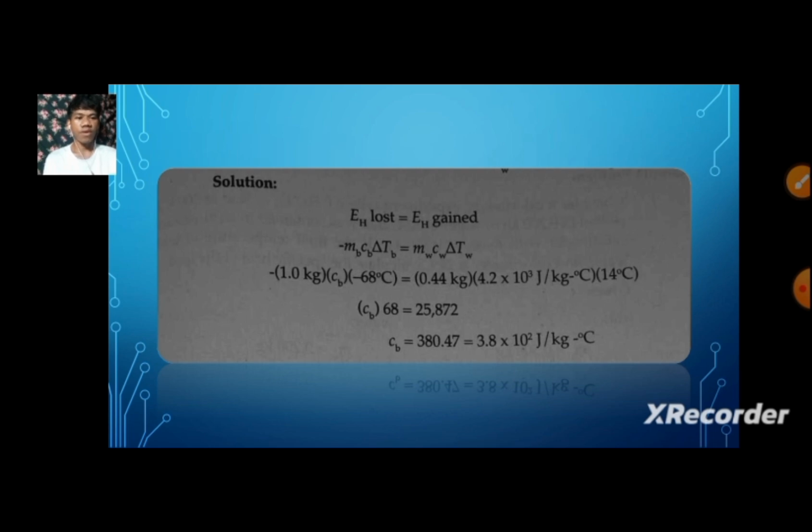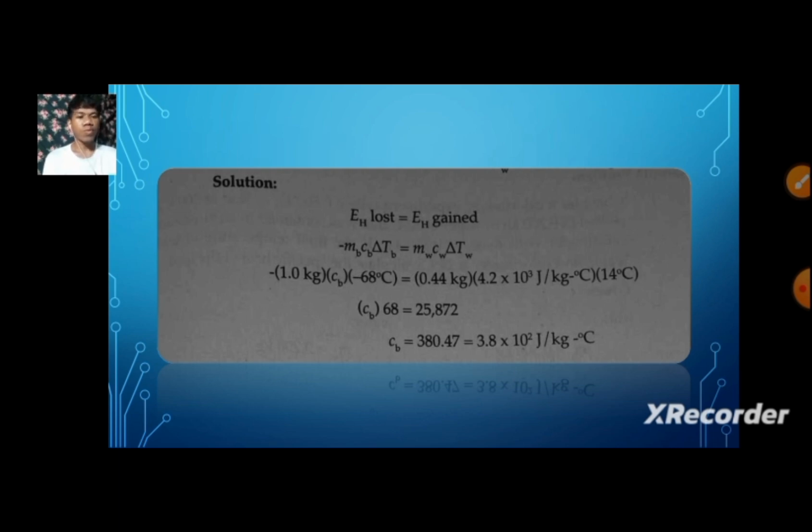The solution is we have the heat loss, which is the energy lost, equal to the energy gain. We have minus M_B C_B delta T_B is equal to M_W C_W delta T_W.